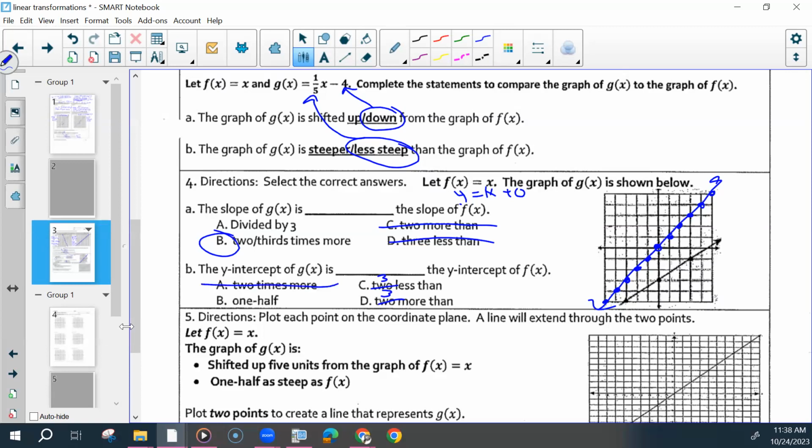It couldn't be 2 times more or 1/2 because the y-intercept isn't multiplying or dividing, it's adding or subtracting. 3 less than would be subtracting. With a C. Do we have questions on either of those for number 4?